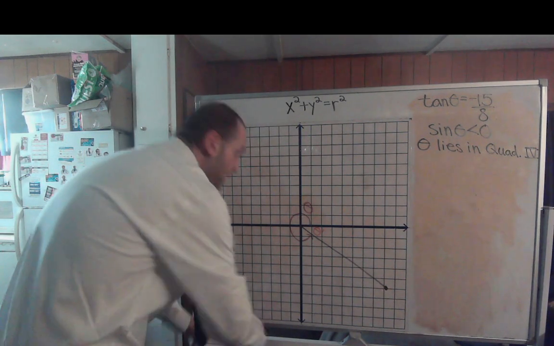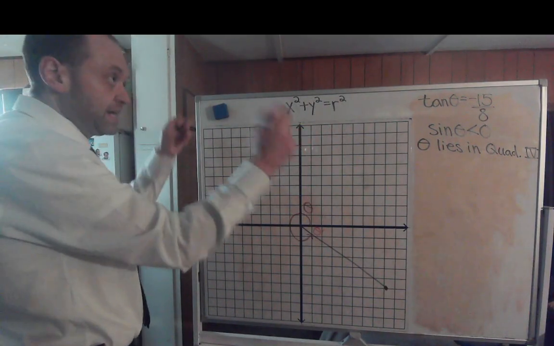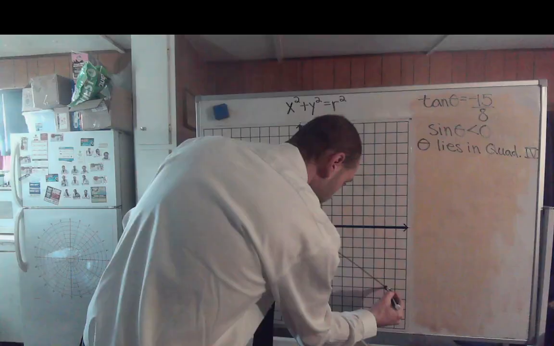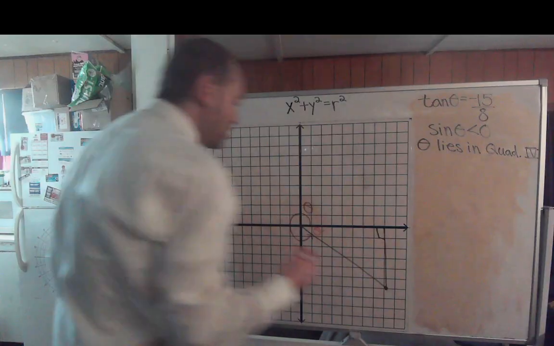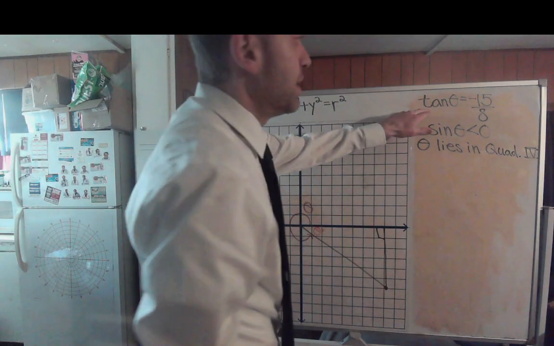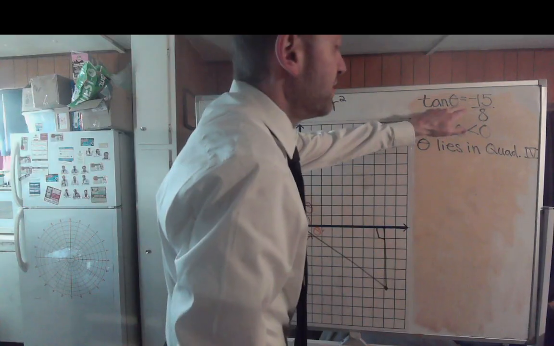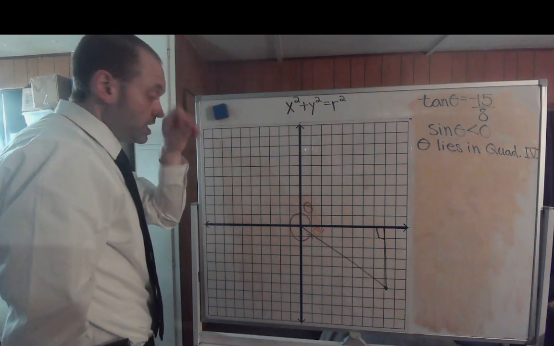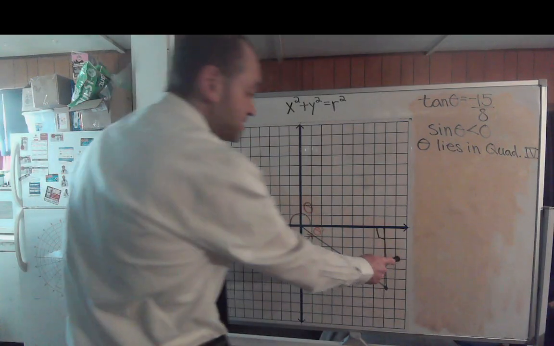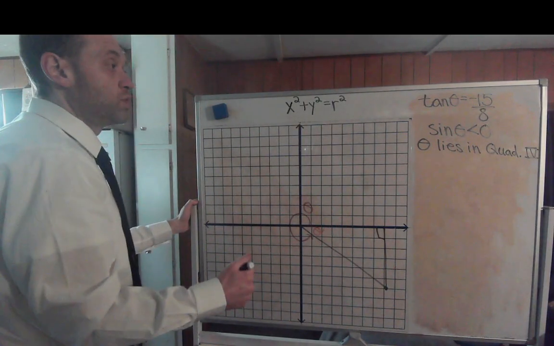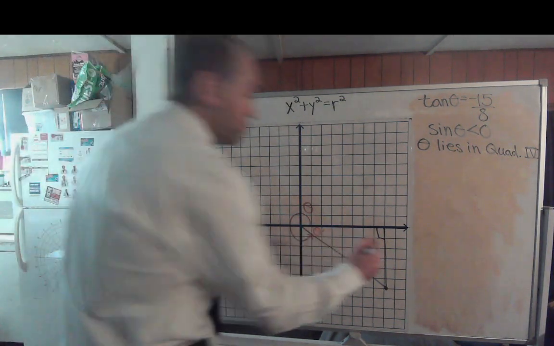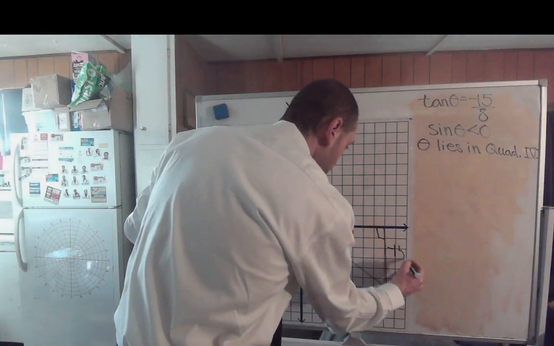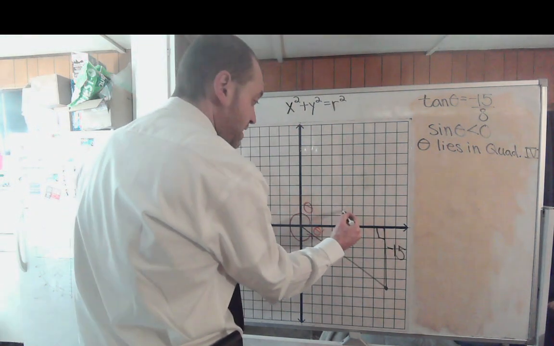Since we know our tangent value, let's draw a right triangle to the endpoint. Tangent of theta equals negative 15/8. So that's going to be opposite over adjacent. You're in the fourth quadrant, so yes, that y value would be negative 15 and your x value is positive 8.